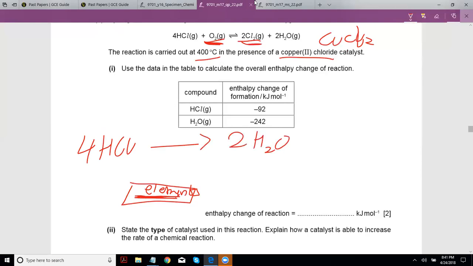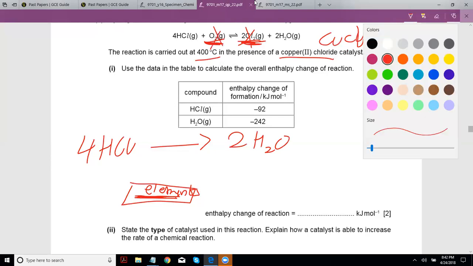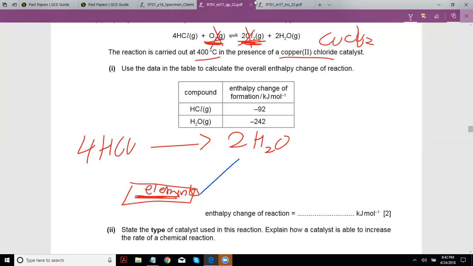I don't care about the elements here because they have no formation. The formation of H2O is given in gases, and the formation of HCl is also given. So this is the enthalpy change of formation into 4, because there are 4, this is the enthalpy change of formation into 2, and this is the enthalpy change of the reaction.